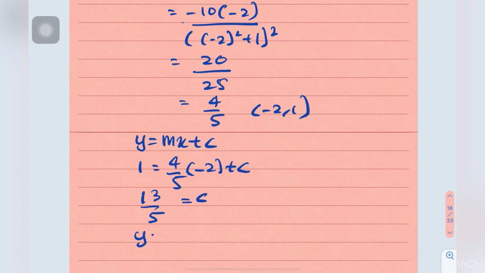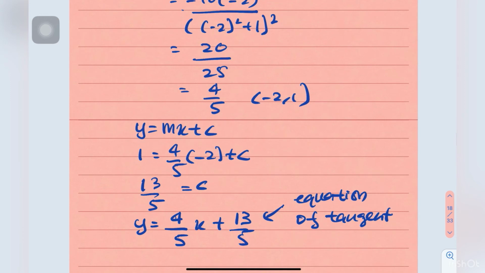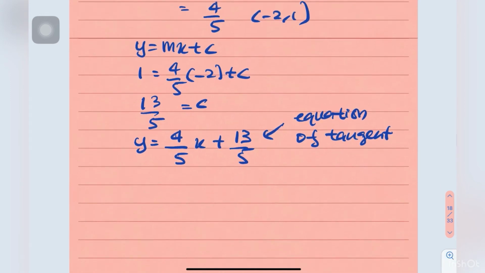So therefore, the equation of tangent is y equals 4 over 5 x plus 13 over 5. Okay, this is the equation of tangent.